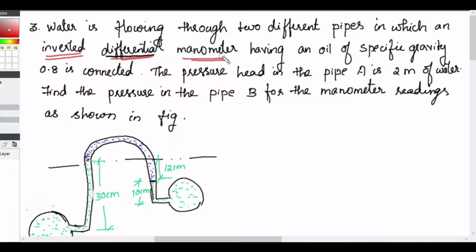The differential manometer having an oil of specific gravity 0.8. So the pipe contains oil. So here we have oil of specific gravity 0.8.